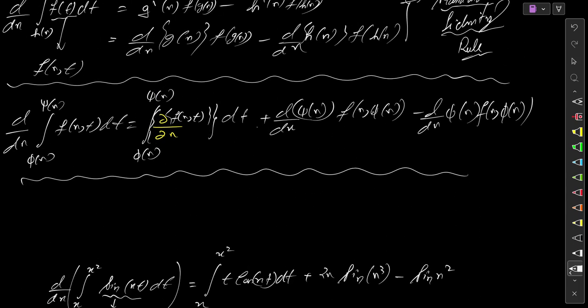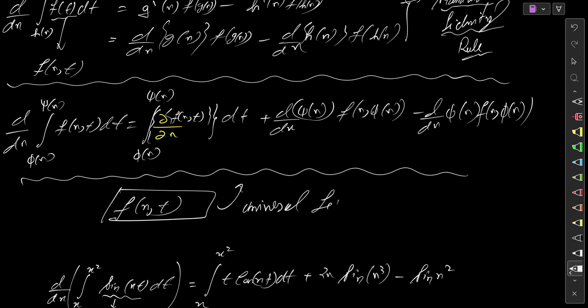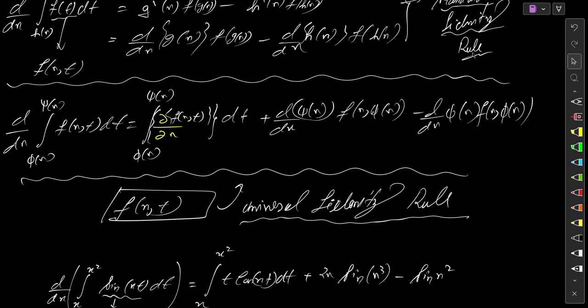So this was all about the case where the function is given in the form of x comma t, and I believe that this is the universal Leibniz rule.